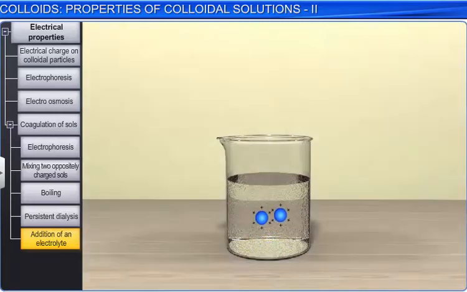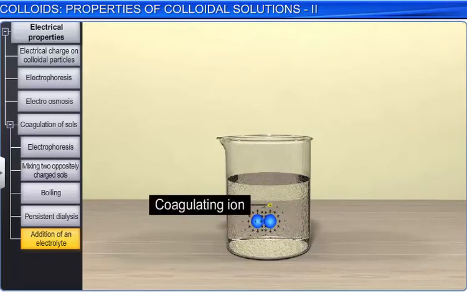The ion responsible for causing coagulation is the one that carries a charge opposite to that present on the colloidal particles, and is known as the coagulating ion. For example, a positively charged sol gets coagulated by the negatively charged ions of the electrolyte that is added.